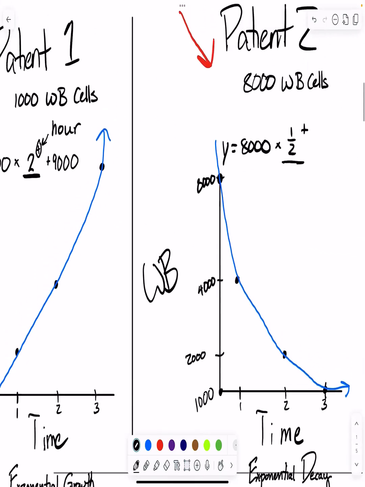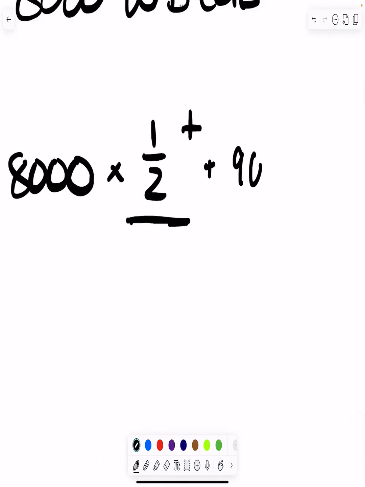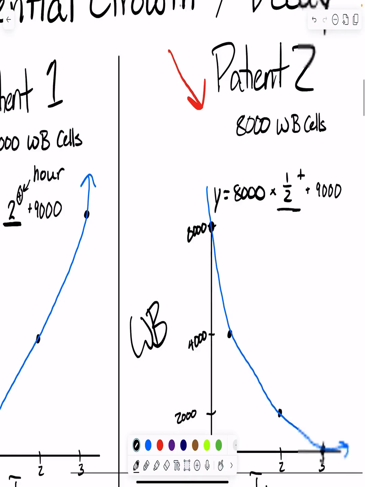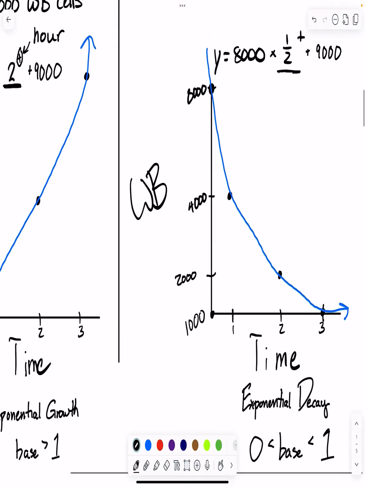Now what would it mean for decay? For decay, if I added another 9,000 white blood cells, what that would look like is that from my 8,000, I would simply be appending up to 17,000, right?